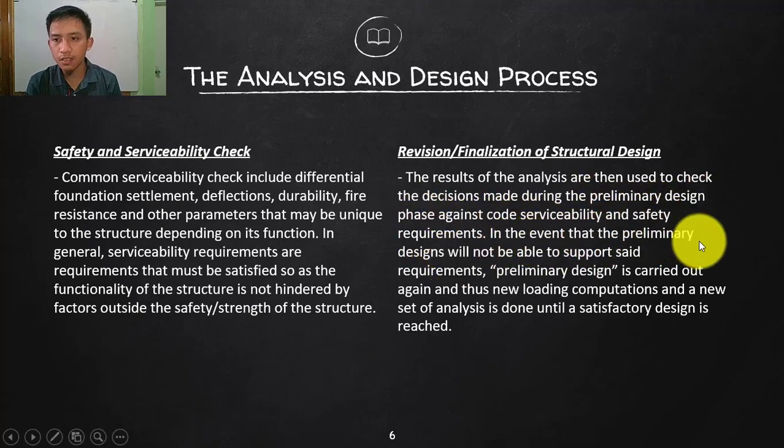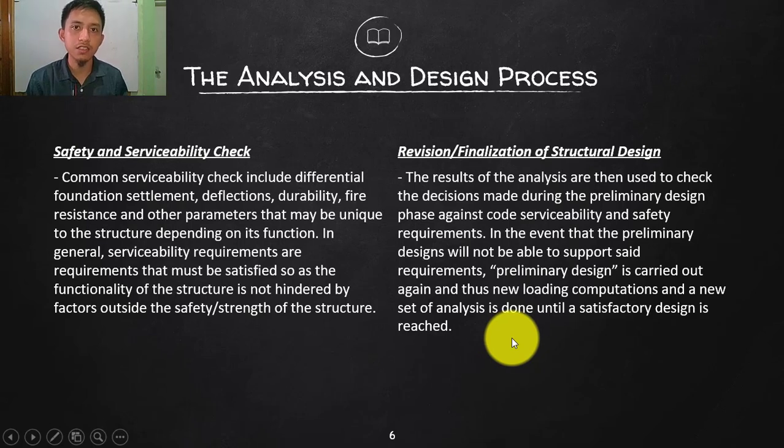In the event that the preliminary design is not able to support said requirements, preliminary design is carried out again. So we will be repeating the process, and thus new loading computations and a new set of analysis is done until a satisfactory design is reached. So that is now the complete process of analysis and design of the structure.